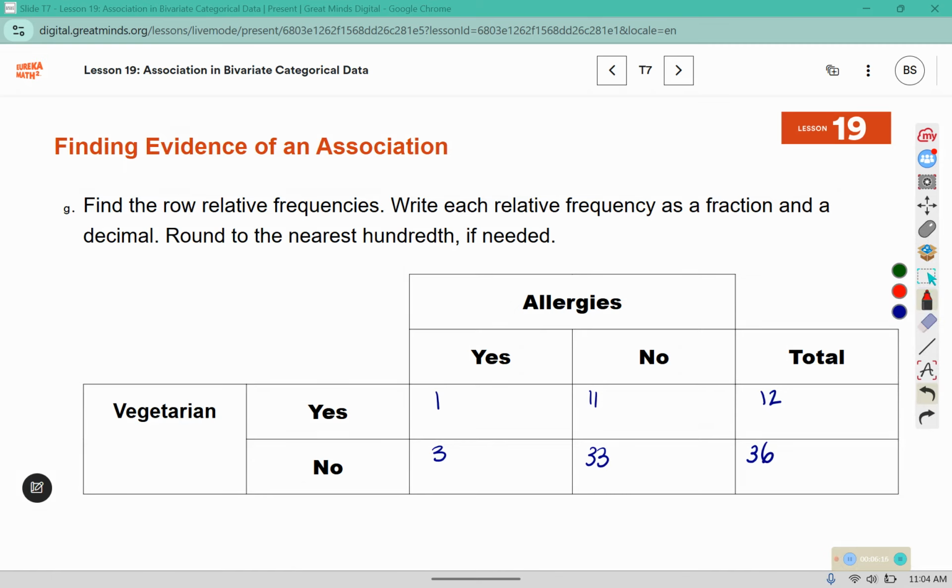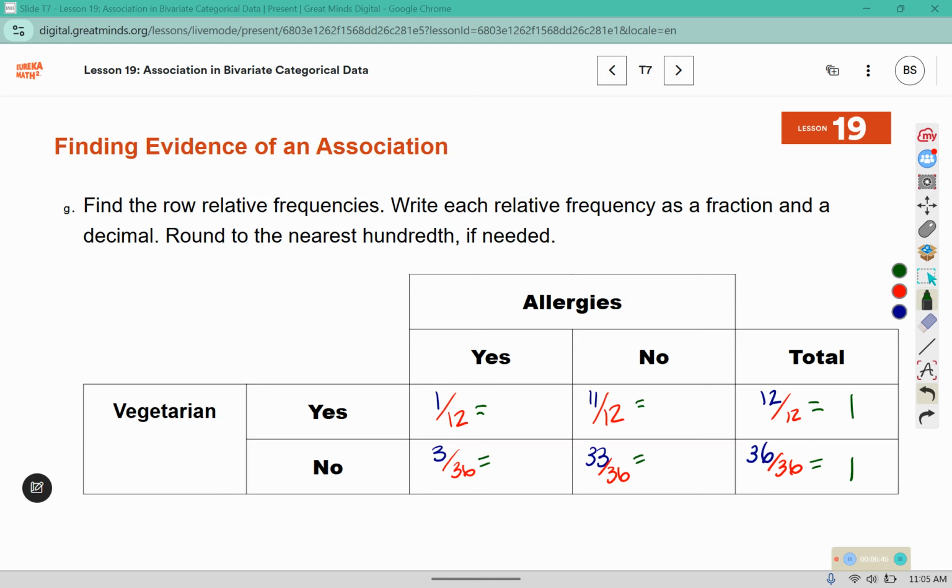To calculate our relative frequencies, we're going to divide by the row totals, which was 12 in the top row and 36 in the bottom row. And then we also need to convert those fractions to decimals, rounded to the hundredths place. That means we're going to keep 2 decimal spots.